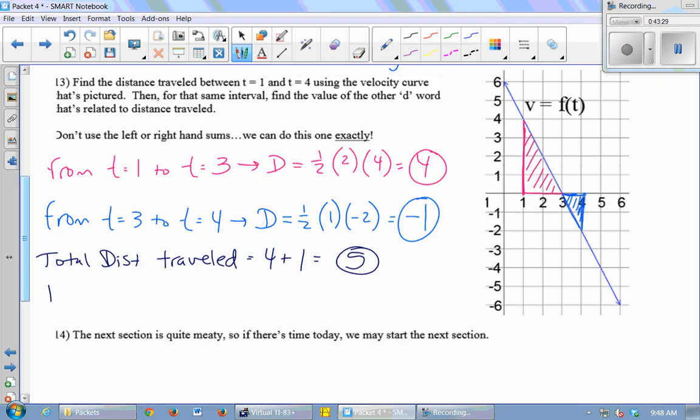So my displacement is 4 minus 1, or 4 plus -1, which is 3. Does that make sense? So you have to pay careful attention to what question they're asking you. They want distance traveled or displacement.